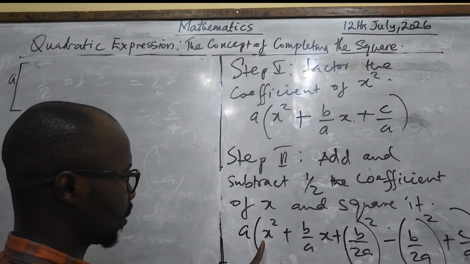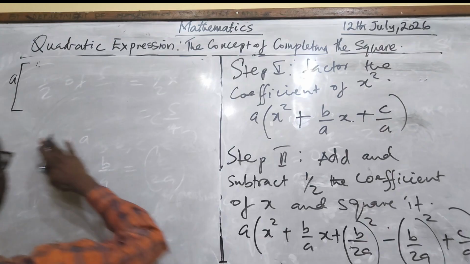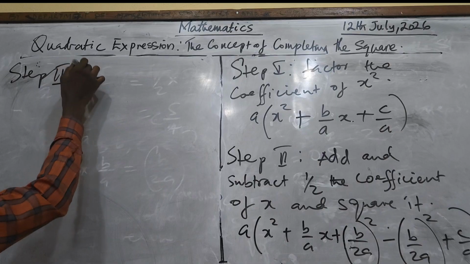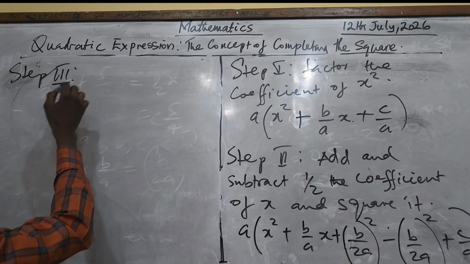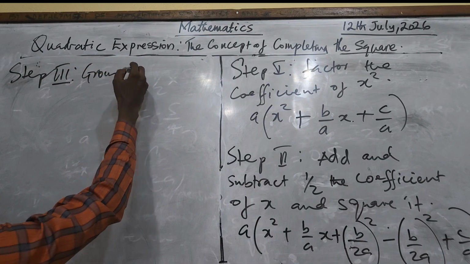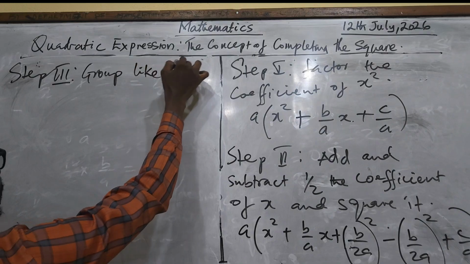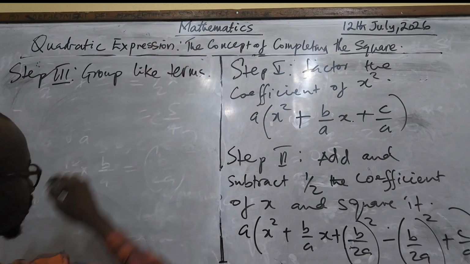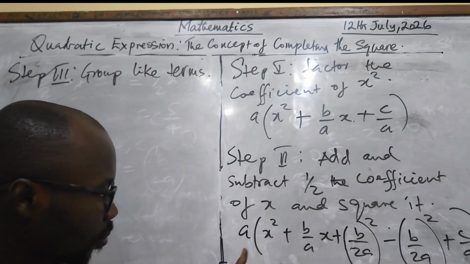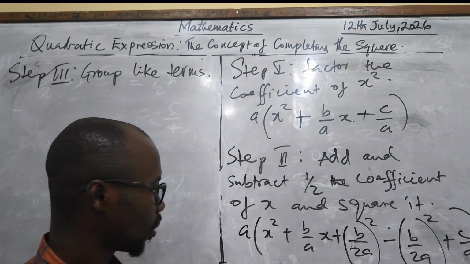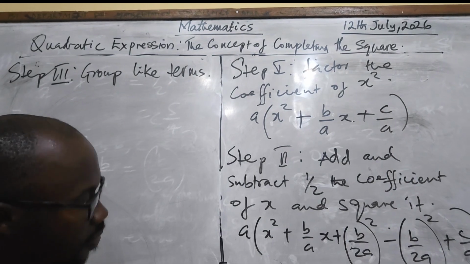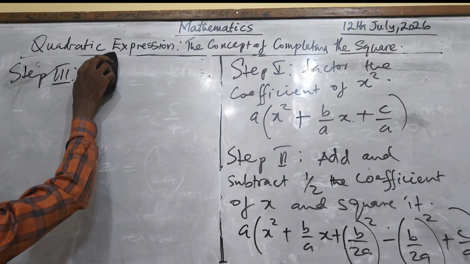Now I'm going to group, or rather I can say step 3, I will group like terms. I think it's better that way. No, let us not use grouping of like terms.